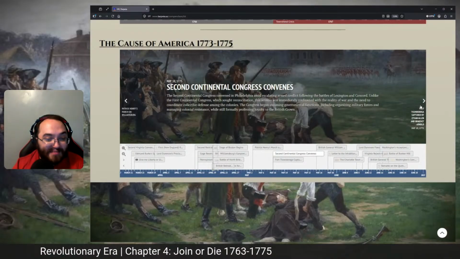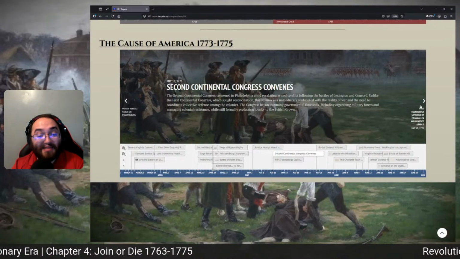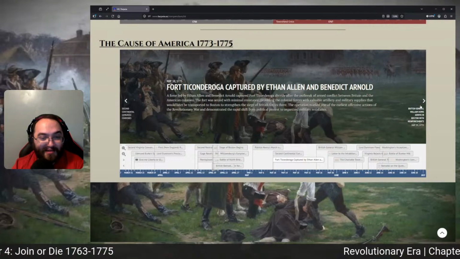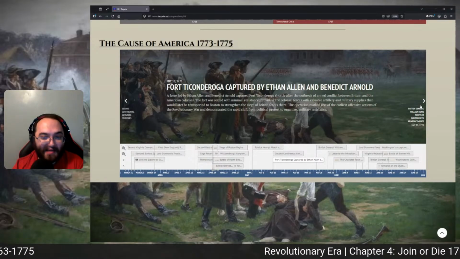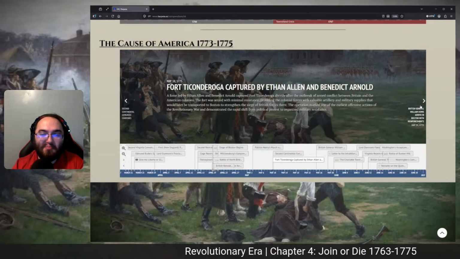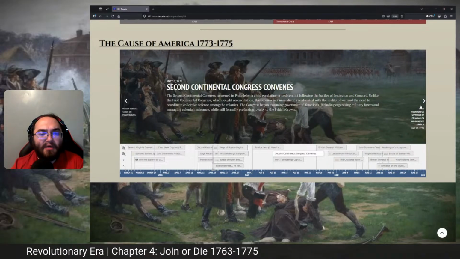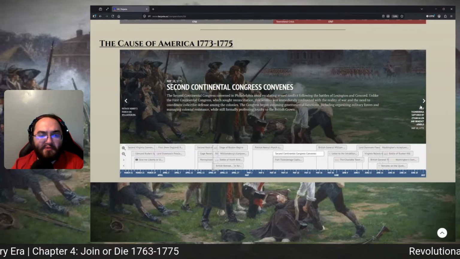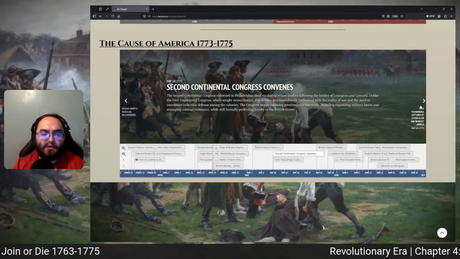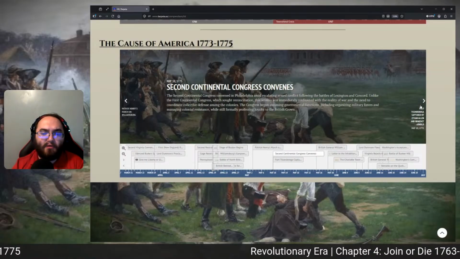And then, the Second Continental Congress convenes, and they convene on the same day as Fort Ticonderoga being captured by Ethan Allen and Benedict Arnold on May 10th, 1775. So the Second Continental Congress convened in Philly amid escalating armed conflict following the battles of Lexington and Concord.